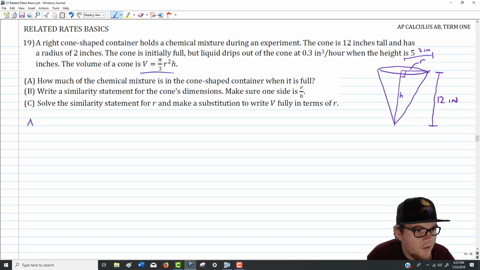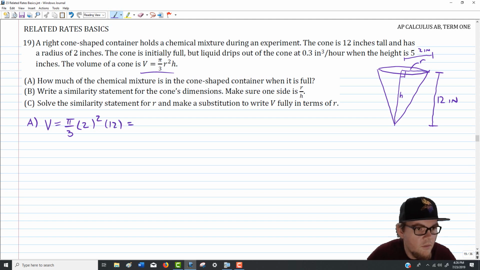So the first question we're asked here is question A, how much of the chemical mixture is in the cone-shaped container when it's full? That's just a matter of plugging the information into our volume formula. The volume at this instant is going to be equal to pi over 3 r squared times h. R is 2, h is 12.